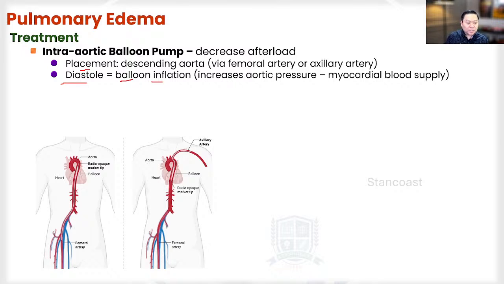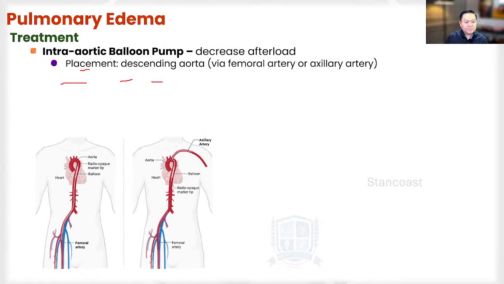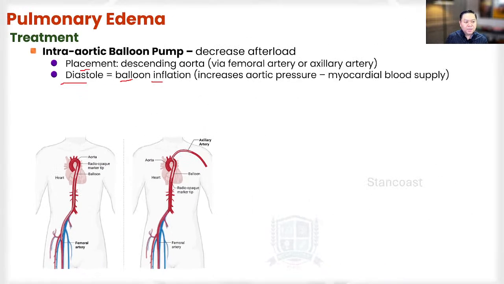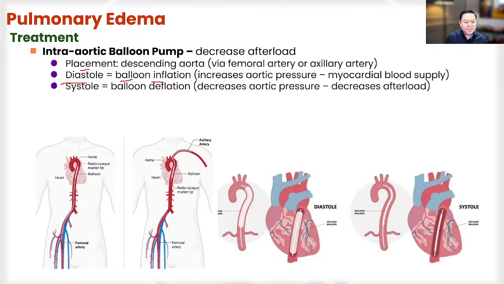So when we are taking a look here at the balloon inflating in this area, okay, let me just exit here so we have a better picture. When the diastole occurs, take a look here. The balloon will get inflated. When this happens, this will now increase the aortic pressure.